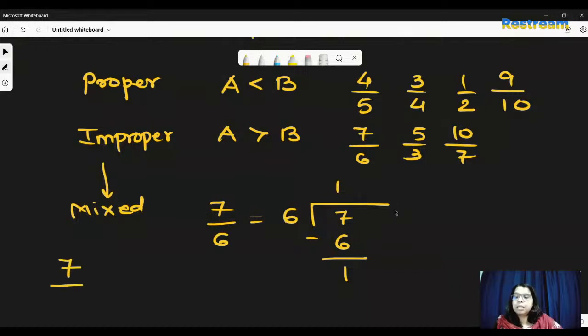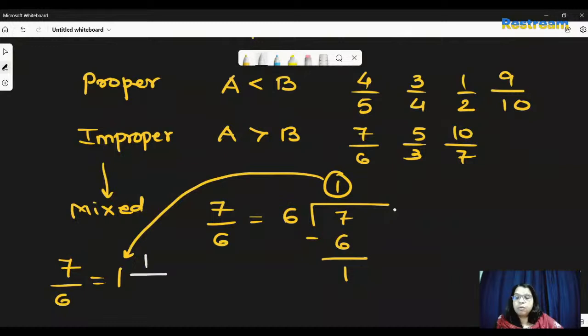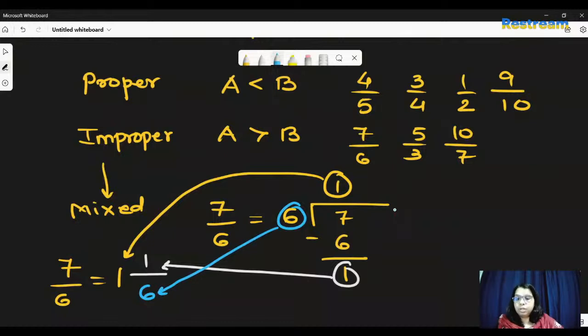So 7 by 6 can be written as 1 whole, the quotient comes here, then the remainder 1 comes here, and then our 6 comes here. So quotient, remainder, and the denominator of the fraction, or in this case the divisor. So you converted 7 by 6 into 1 and 1 by 6.